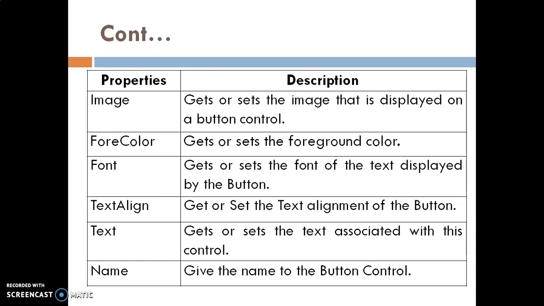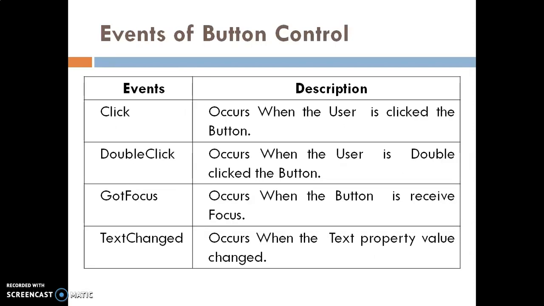Now the next property is text align. It is used to get or set the text align of the button control. Now next property is text. It is used to get or set the text associated with this button control. And the last property is name. It is used to give the name of the button control.